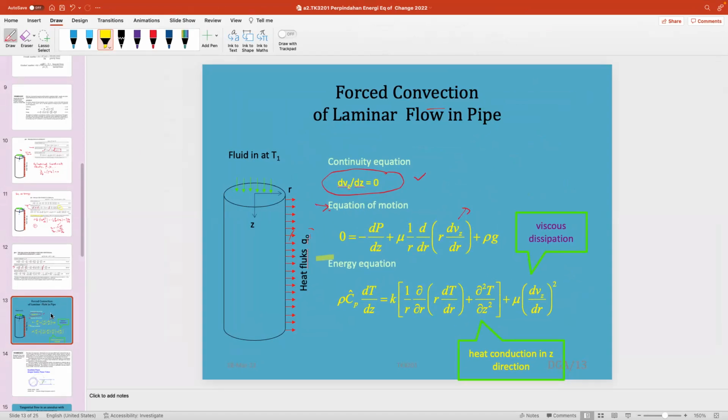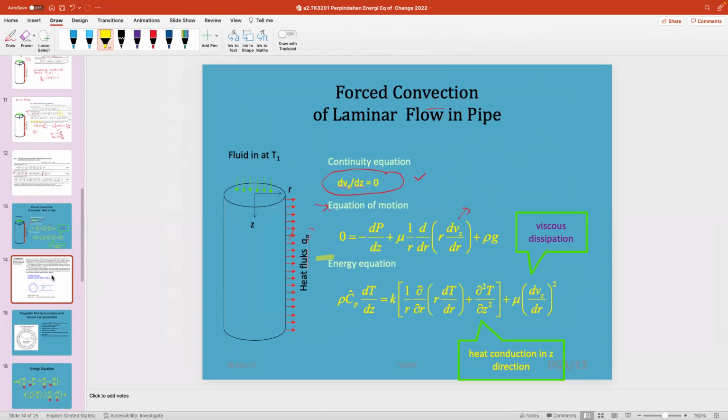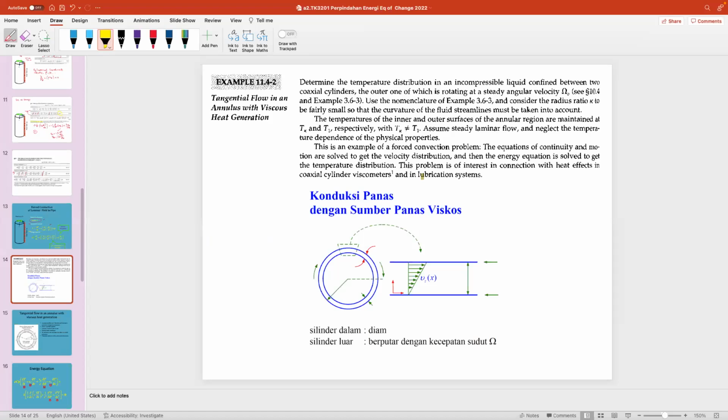Another one is the example of tangential flow in an annulus with viscous heat generation. If you remember this case, we have an incompressible fluid around these two cylinders of an annulus.